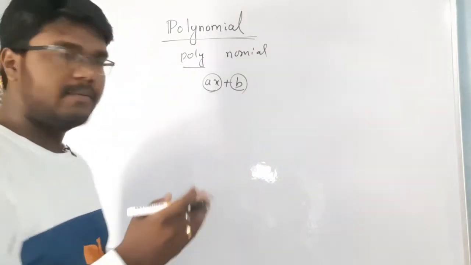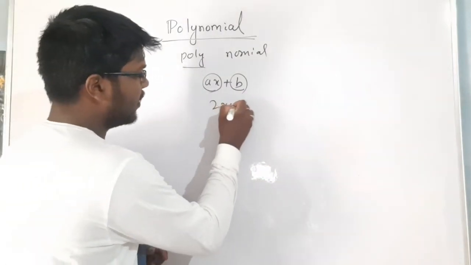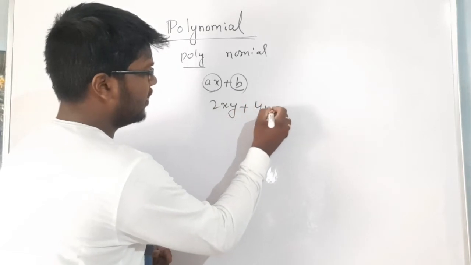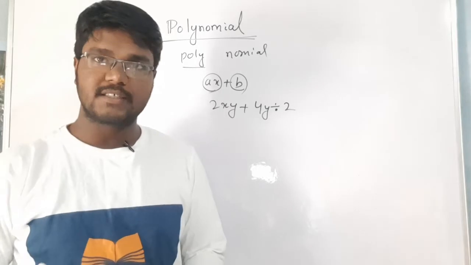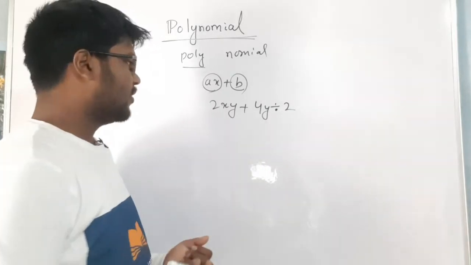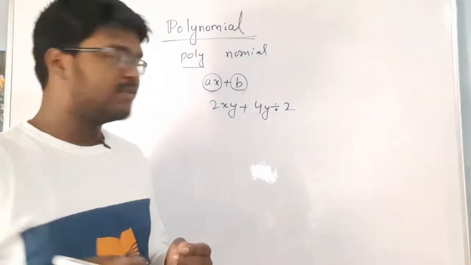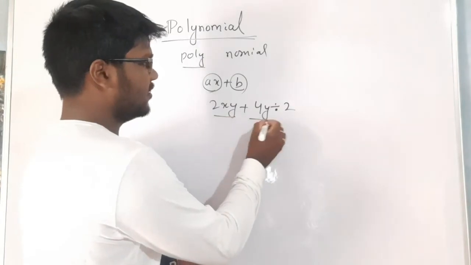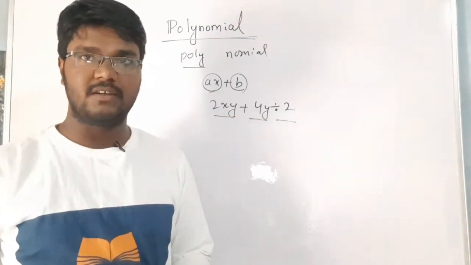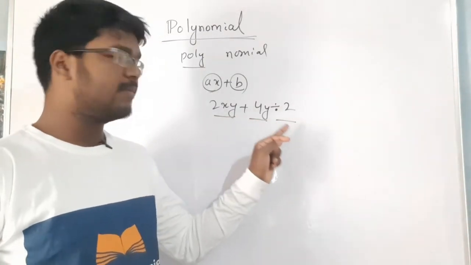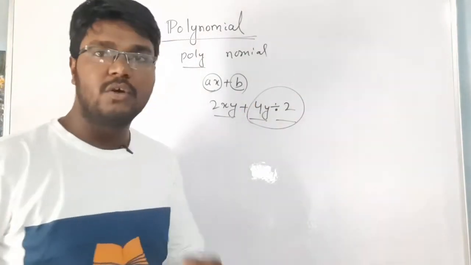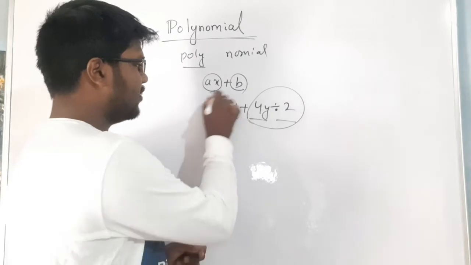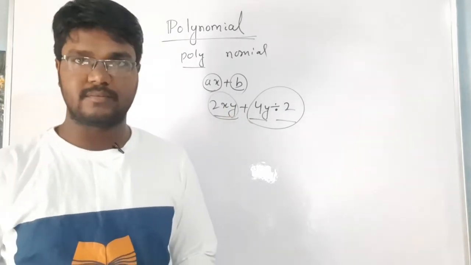How are terms differentiated? You see here, if I write 2xy plus 4y divided by 2, and ask how many terms are here, sometimes we get confused. But you see here 4y is divided by 2, so this total will be considered as one term, and here is another term, so here are two terms.